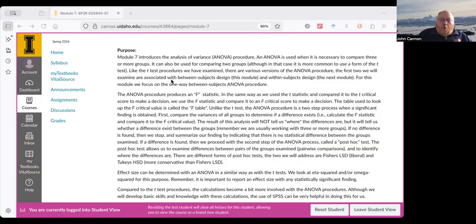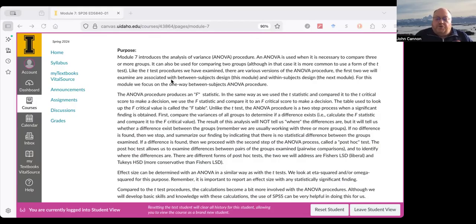There are different forms of post hoc tests. The two we will address are Fisher's LSD, which is a liberal post hoc test, and Tukey's HSD, which is more conservative than Fisher's. Effect size can be determined with an ANOVA in a similar way as with t-tests. We look at eta squared and/or omega squared for that purpose.